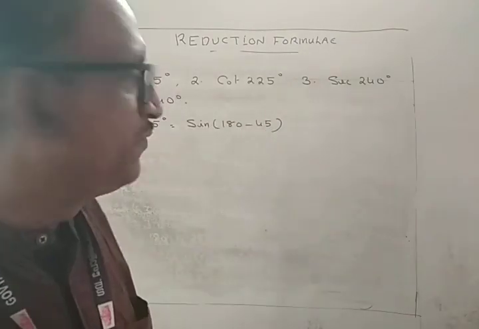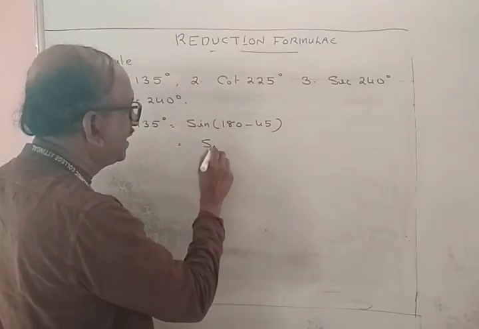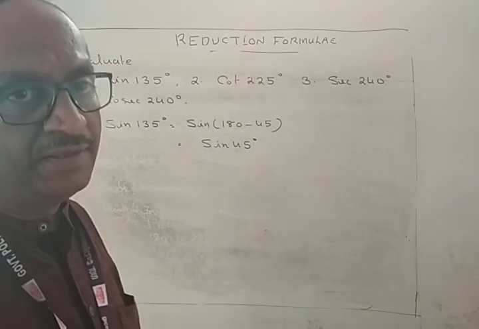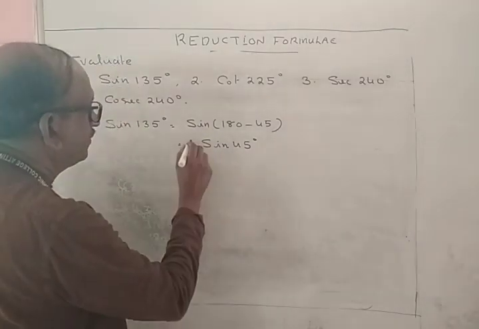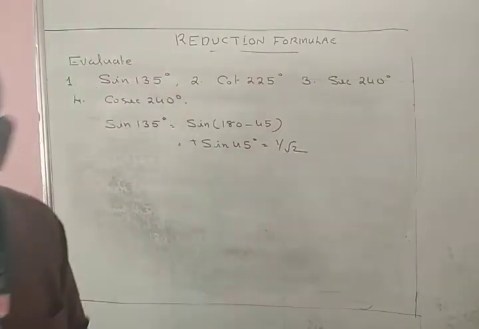Sin 180 minus 45 is the same as sin 45. Second quadrant, positive. Sin 45 degree is equal to 1 by root 2.